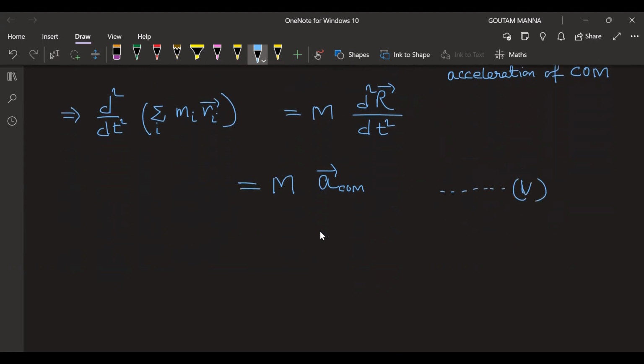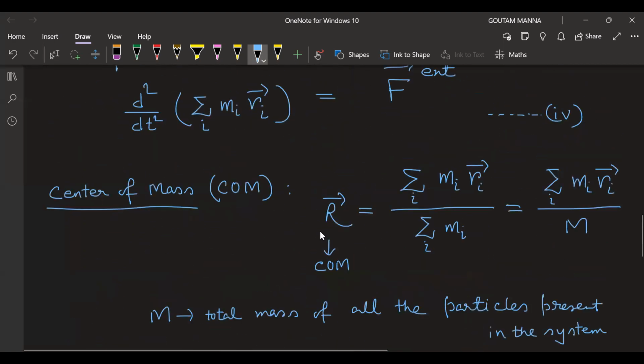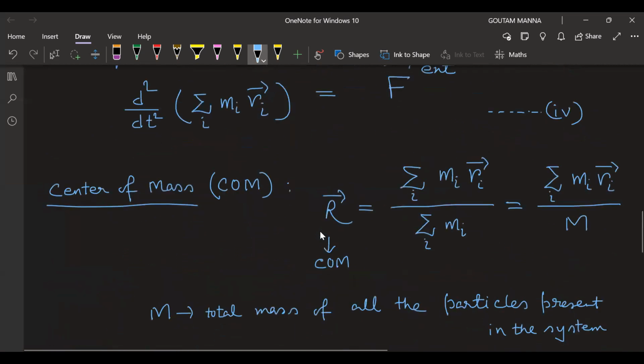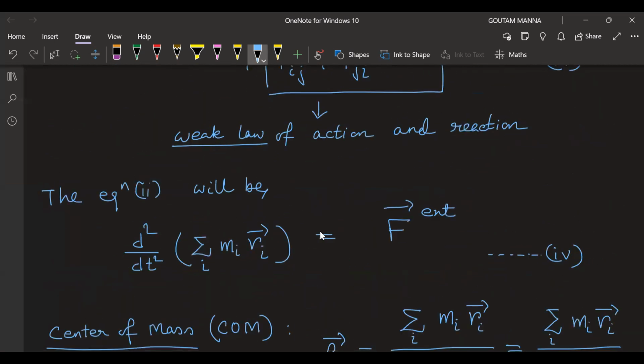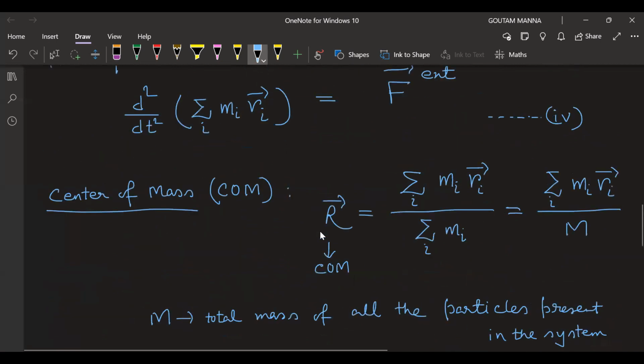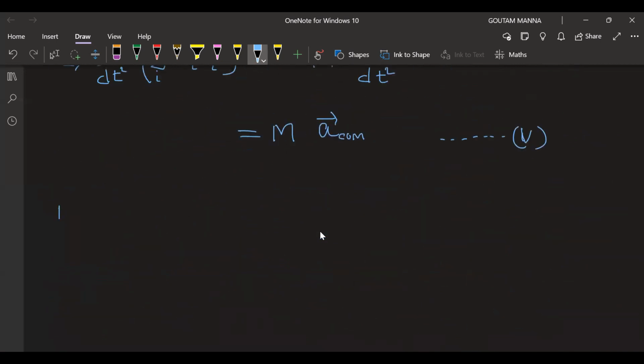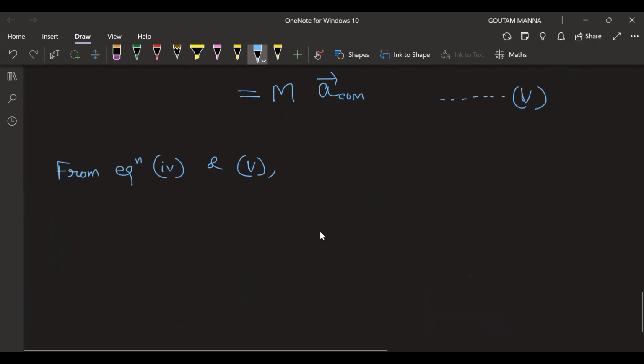Okay. So from equation 4 and equation 5, you can write M a COM is equal to F external.